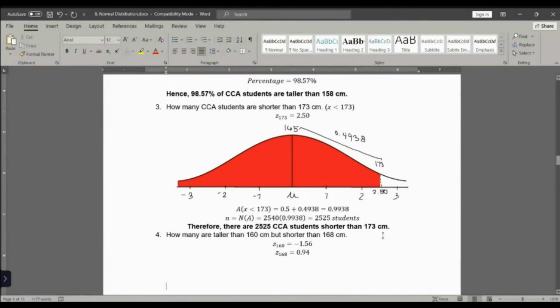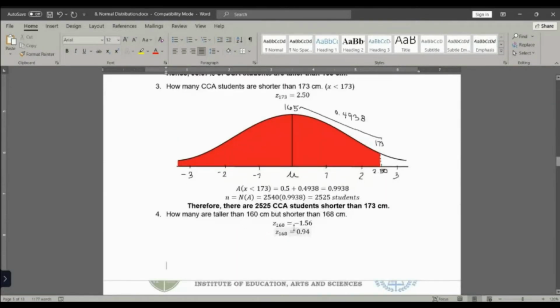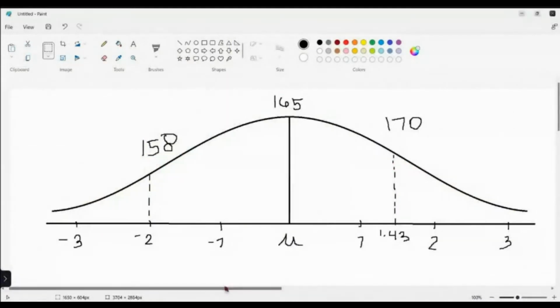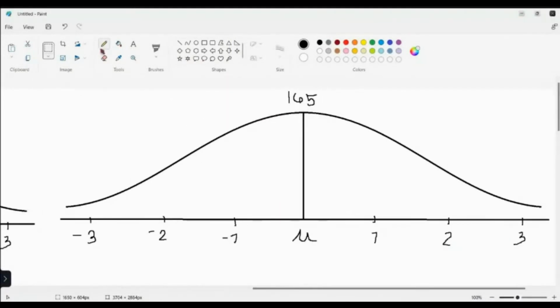So as you can see, we can already observe that 160 and 168 are on the opposite sides of the mean. Kasi magkaiba sila ng sign eh. One is negative and the other one is positive. Okay, they are on the opposite sides of the mean. So normal curve tayo. Negative 1.56 somewhere here.